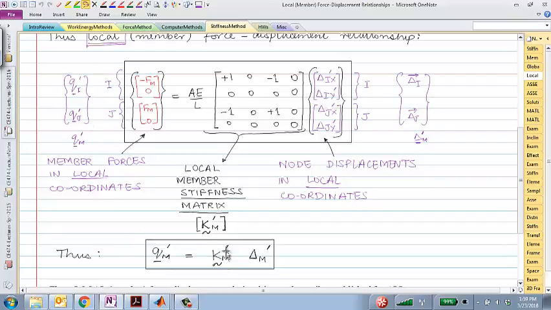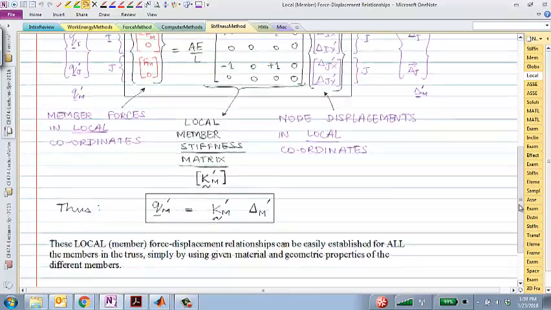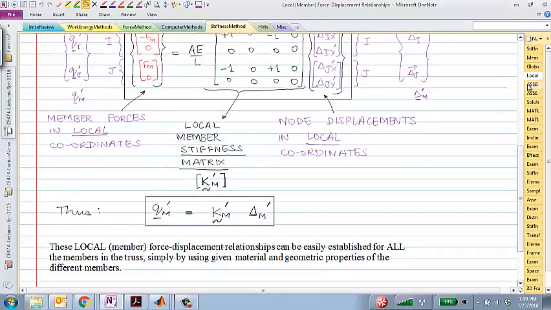And they are equal to this 4x4 matrix, which I'm calling Km prime. Again, Km prime because this is local coordinate system, and then delta m prime, these are displacements in the local coordinate system. So this is just a shorthand way of writing this big 4x4 relationship. And this will come in real handy when we want to assemble all of these force displacement relationships for all the elements.